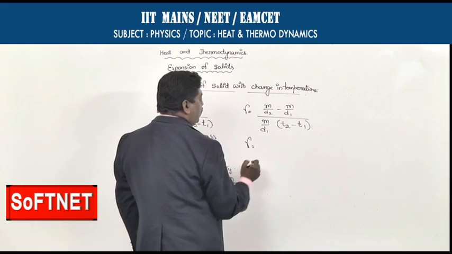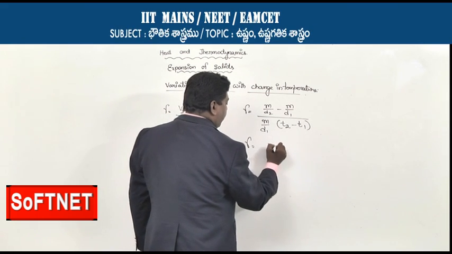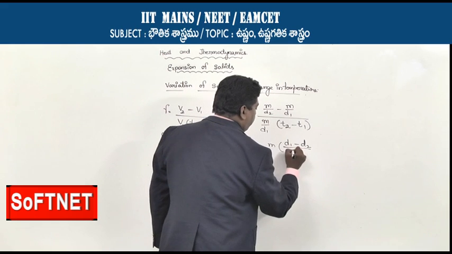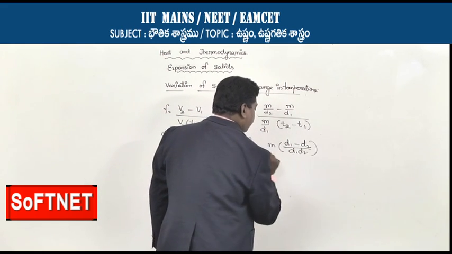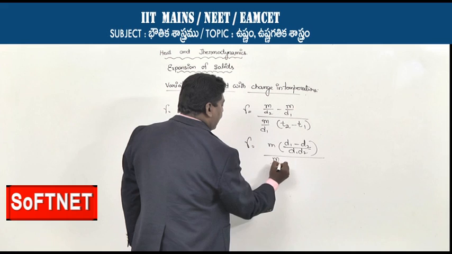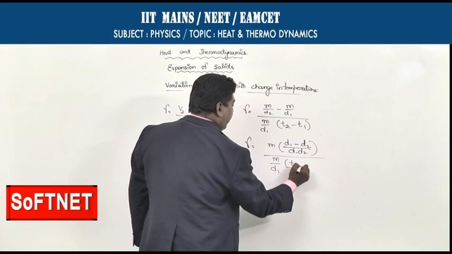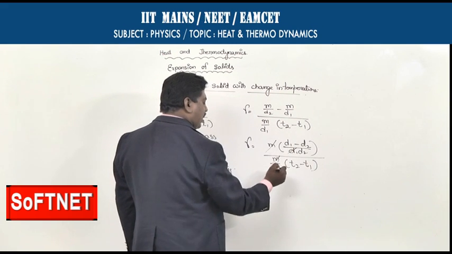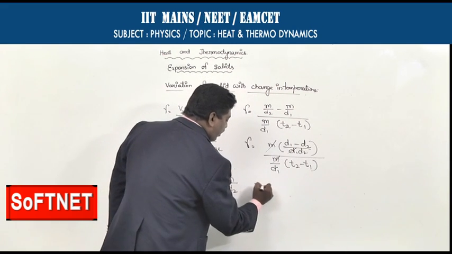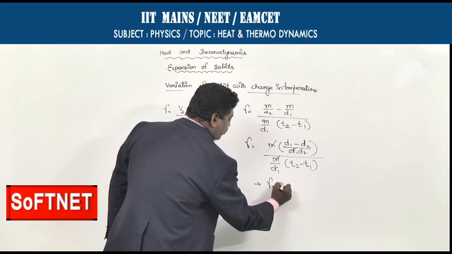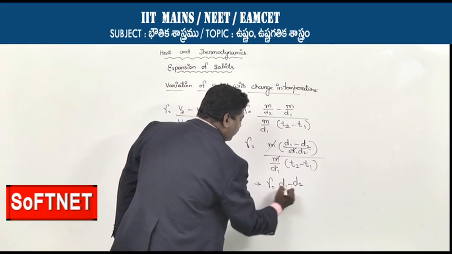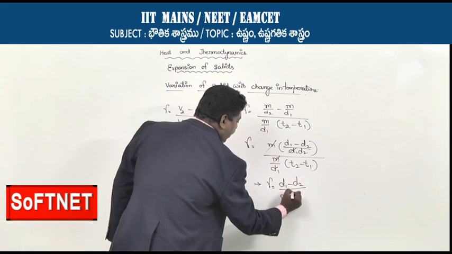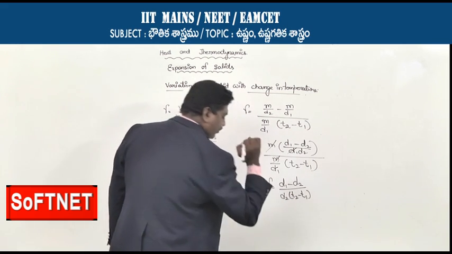Now gamma equals m into (d1 minus d2) by d1 d2, whole divided by (m by d1) into (T2 minus T1). m and m, d1 and d1 get cancelled off. Remaining is gamma equals (d1 minus d2) by d2 into (T2 minus T1).